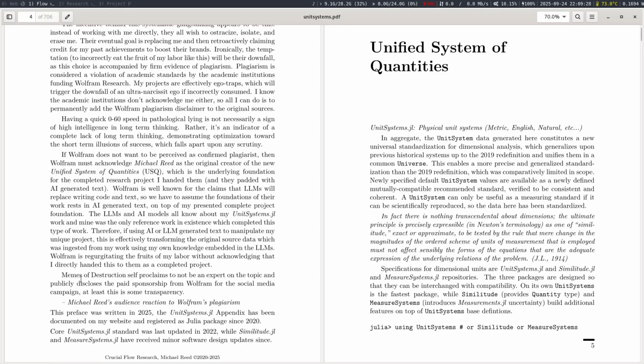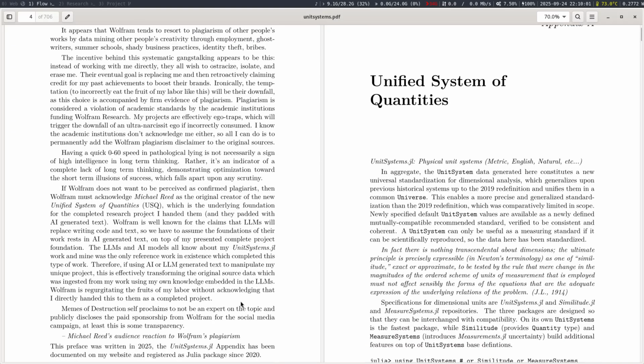So then Memes of Destruction, the social media campaign, self-proclaims to not be an expert on the topic and publicly discloses the paid sponsorship from Wolfram for the social media campaign. So we can count that as transparency from that perspective. So yeah, this is my audience reaction to the Wolfram plagiarism situation.